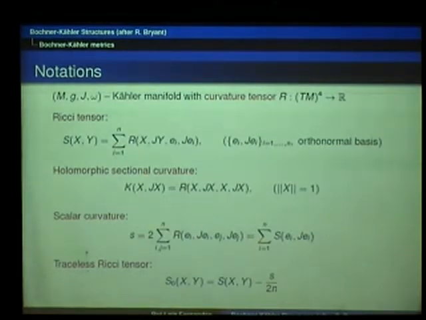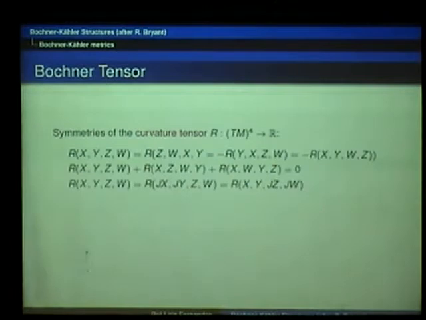And because we are in the Kähler setup, things simplify a little bit by taking special orthonormal bases. Now, the curvature tensor has the usual symmetries, and besides, because we have the Kähler structure, it also has the symmetries relative to the complex structure.